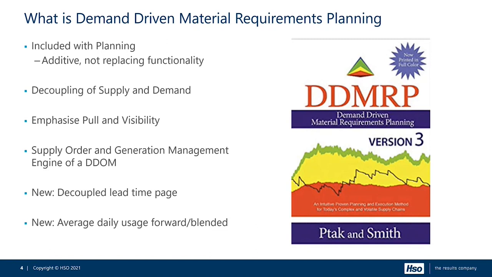It combines aspects of material requirements planning and some distribution requirements planning, but with more of an emphasis on pull, with visibility of the supply and the demand found in some of the lean approaches, and really trying to reduce the variability in the supply and allow you to get your products out to your customers as quickly as possible.